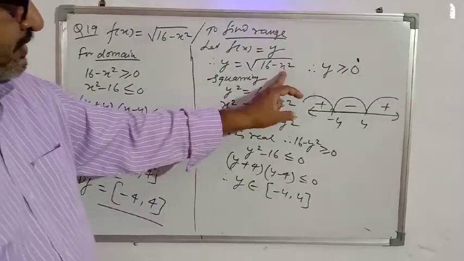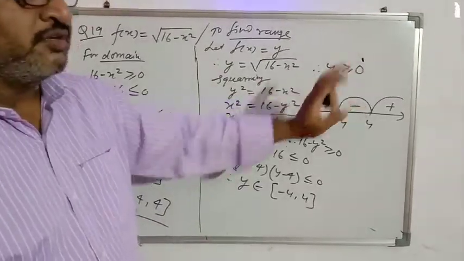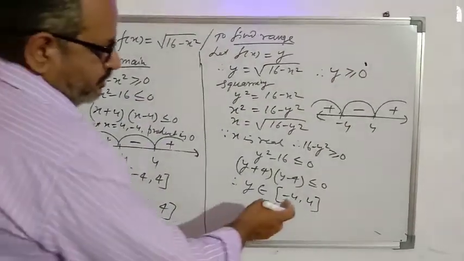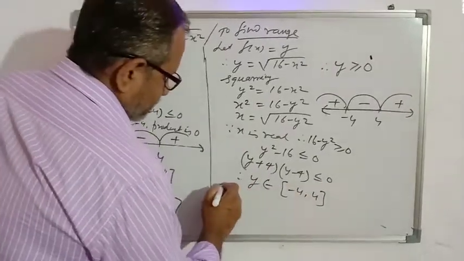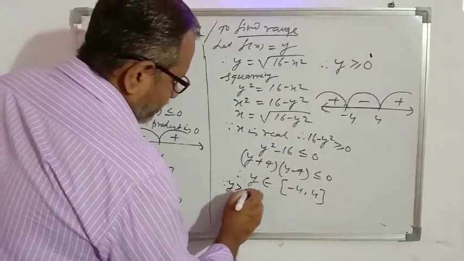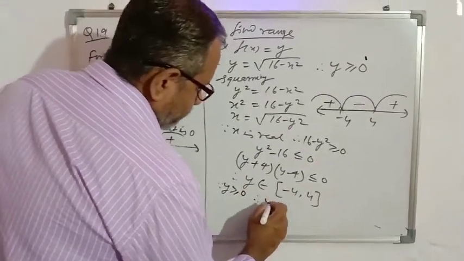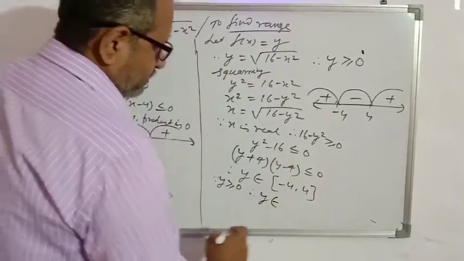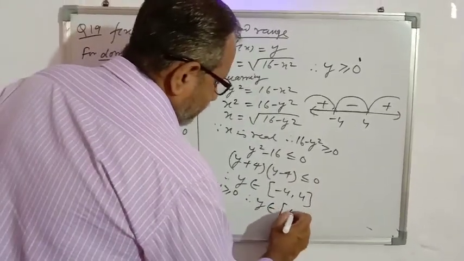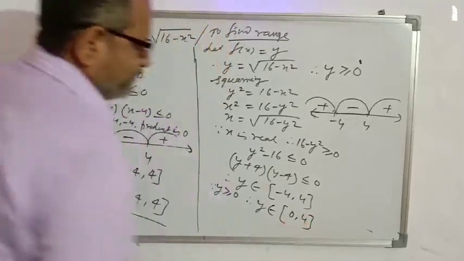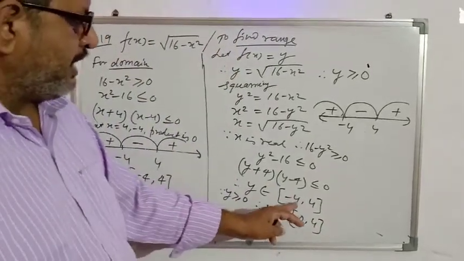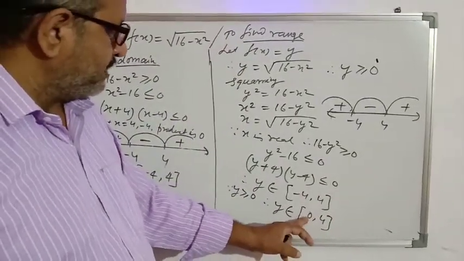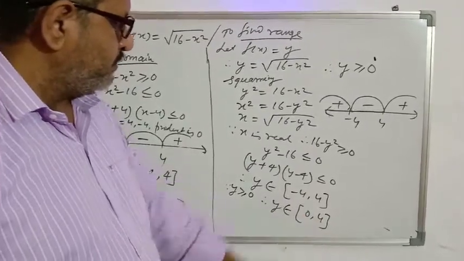But here we know that y is greater than or equal to 0, so we do not take the negative values. Since y is greater than or equal to 0, y will lie in the interval [0, 4]. We will not take the negatives -4, -3, -2. We have to start from 0 to 4.